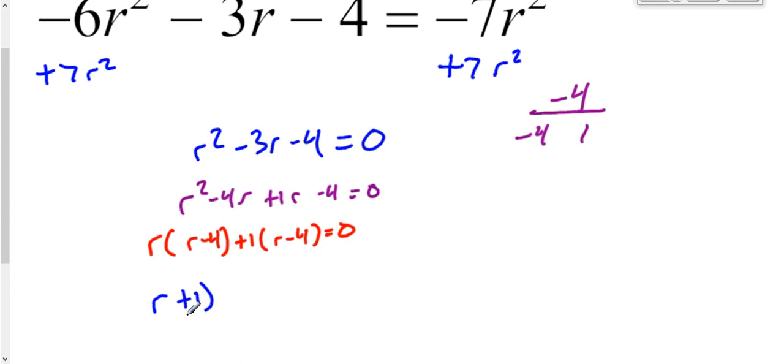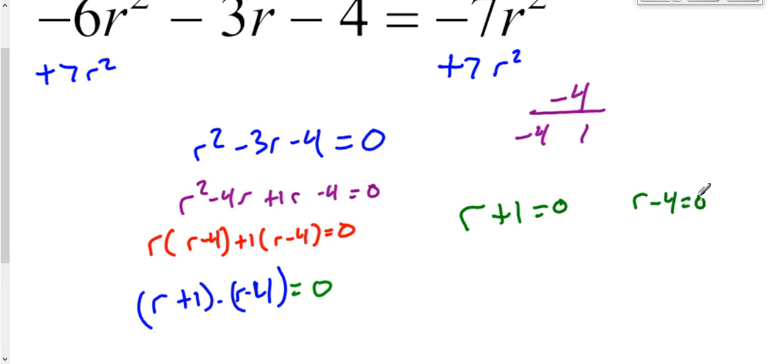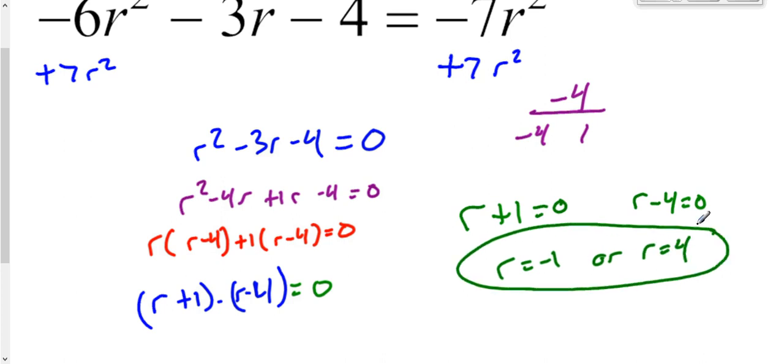So r plus 1 times r minus 4 equal to 0. Still an equation, you can't just leave out the equal 0. So r plus 1 equals 0, or r minus 4 equals 0. There's our two answers, negative 1 and positive 4.